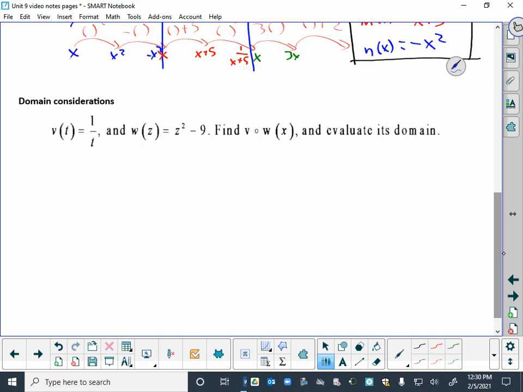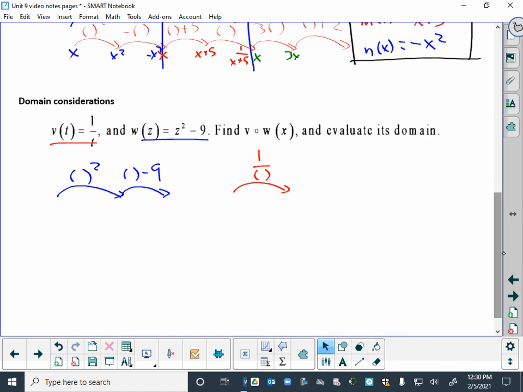Okay, so that means I'm going to start with x, and first of all put it into w. My w function I'll do in blue is squared and then subtract 9. And my v function, I'll do that in red, that's just the reciprocal function.